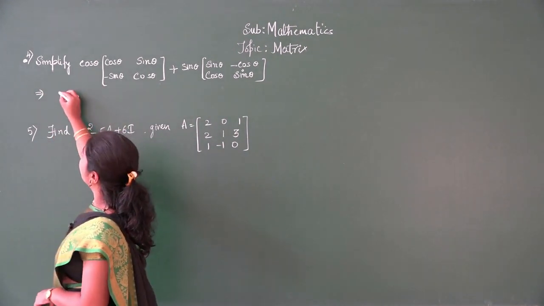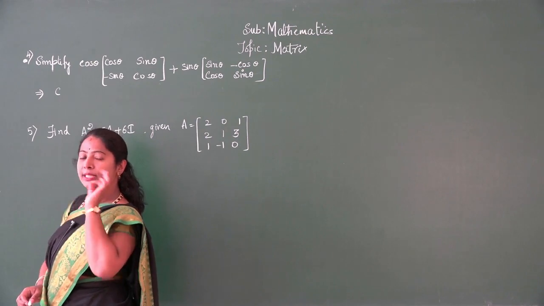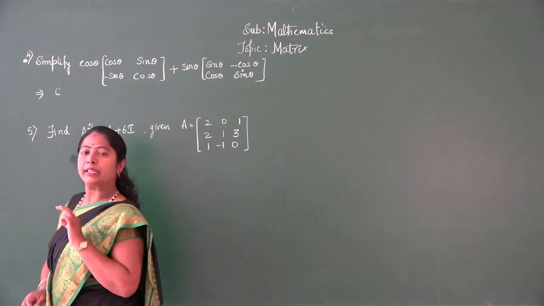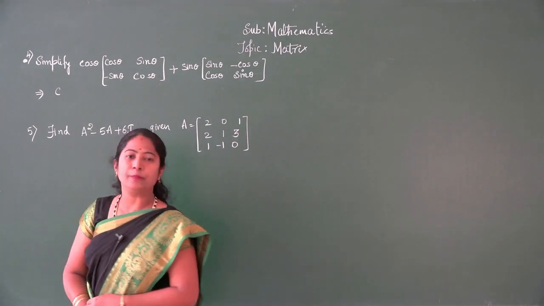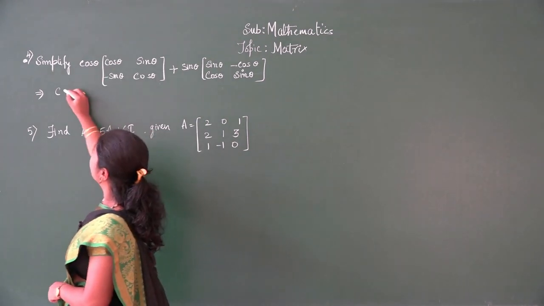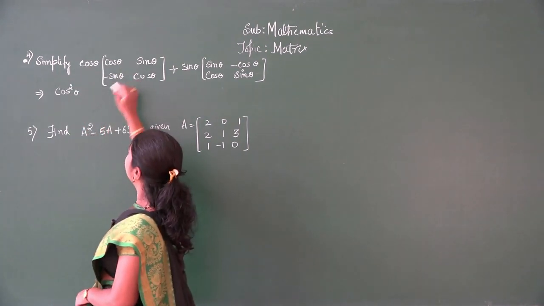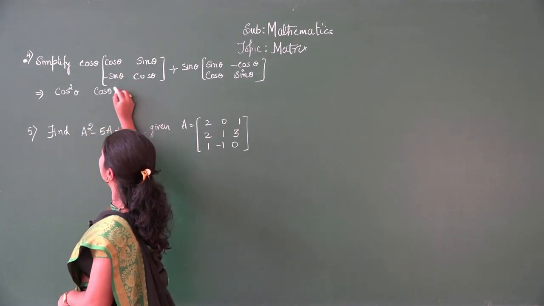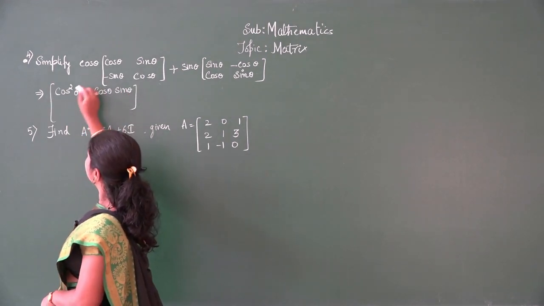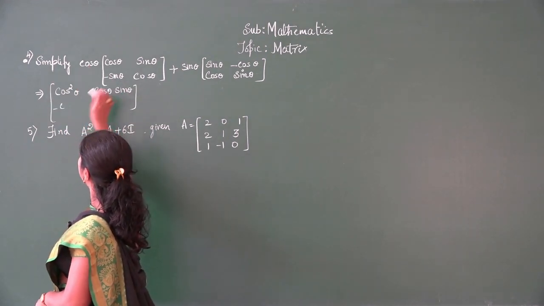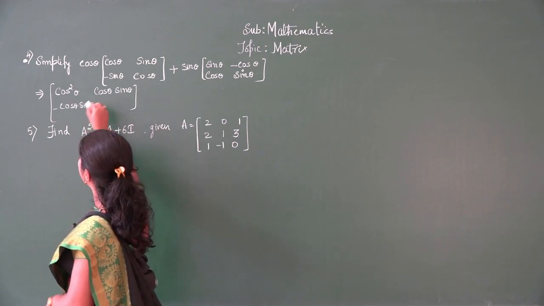We multiply every element of the matrix with a non-zero scalar k. In the given problem, the non-zero scalar k is nothing but cos theta. So cos theta into cos theta is cos square theta. Cos theta into sin theta is cos theta sin theta. Similarly, cos theta into minus sin theta is minus cos theta sin theta.